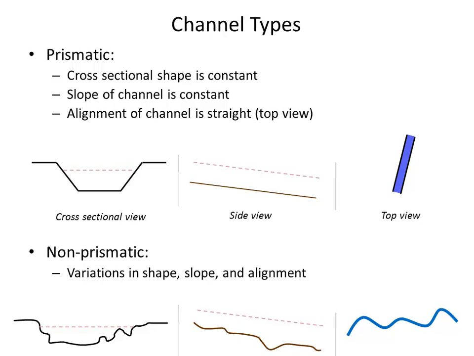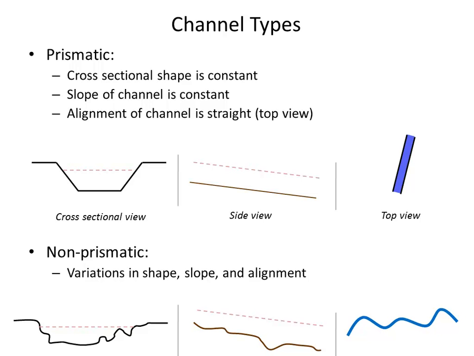But we do have the tools to calculate the flow of a non-prismatic channel, but to find out the depth, especially when you have an irregularly sloped channel bottom, is very intensive.